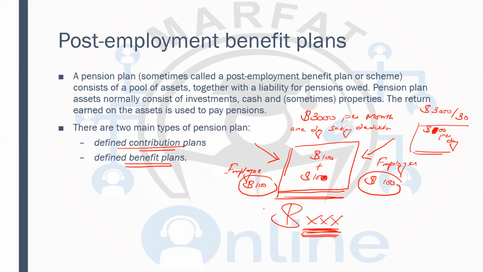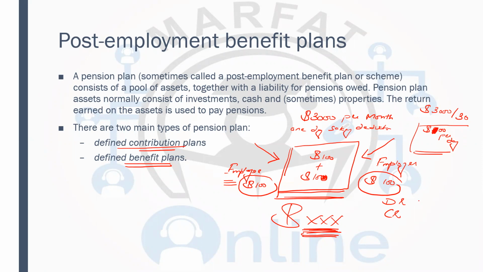Now, this $100 which is paid by the employee is the deduction from his salary. This $100 which is paid by the employer is an extra expense for the company, because they are giving them salaries, they are giving them bonuses, and in addition to that, they are giving a pension on behalf of them as well, a similar contribution.